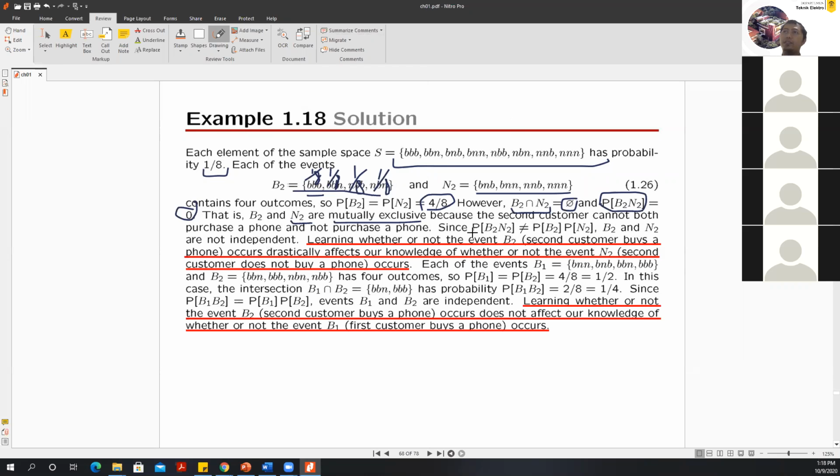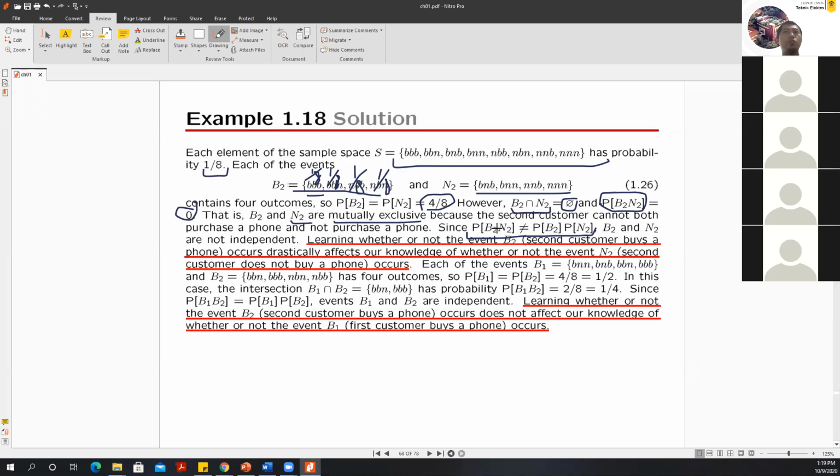But it shows that the joint probability of B2 and N2 is not equal to the probability of B2 multiplied by the probability of N2, because each marginal probability is 4/8. 4/8 multiplied by 4/8 is equal to 1/4.